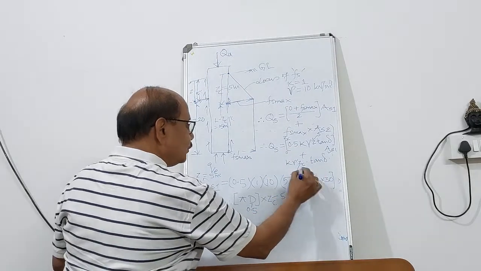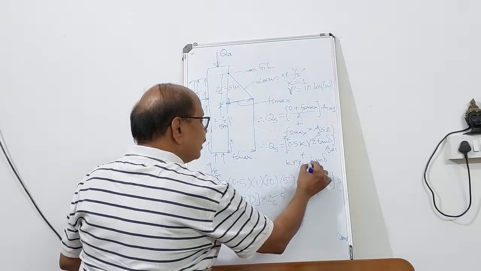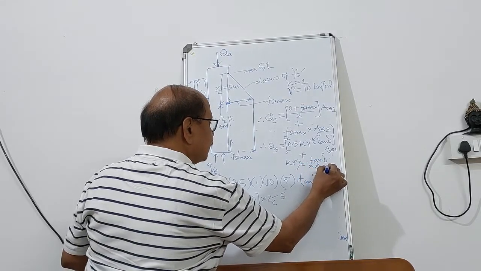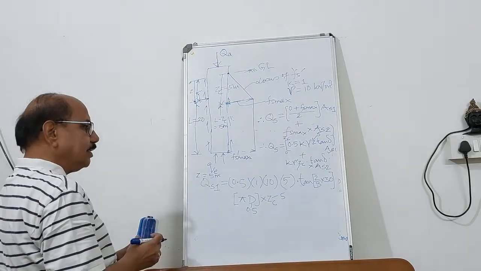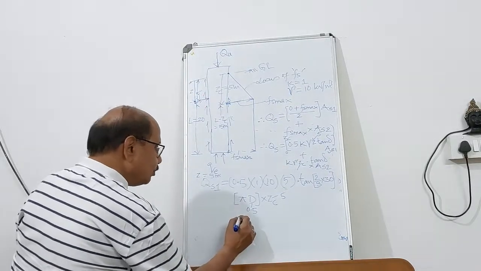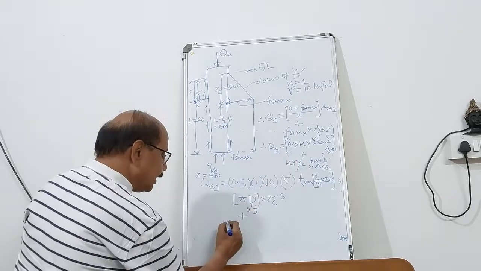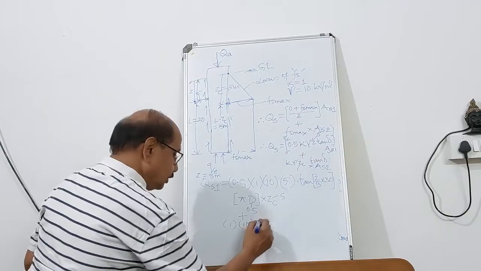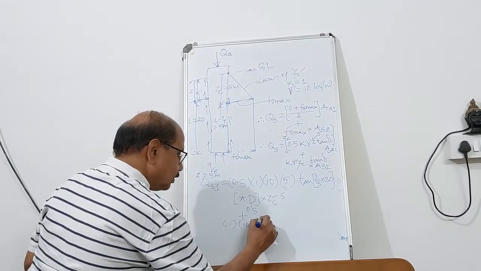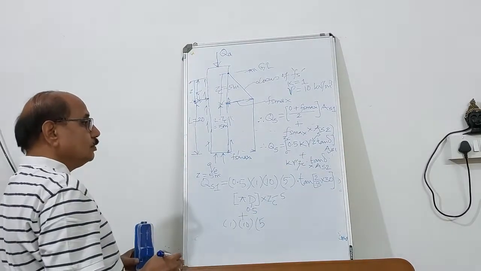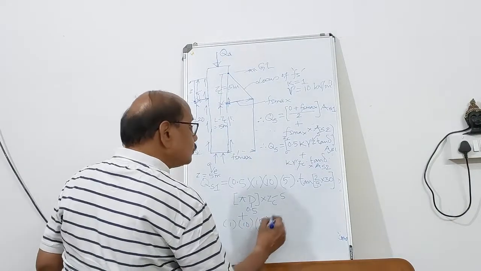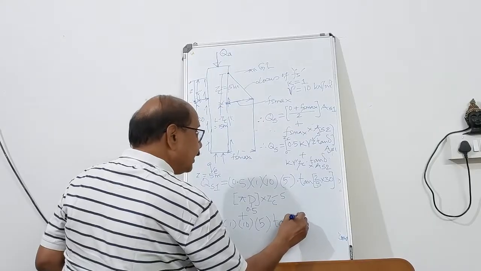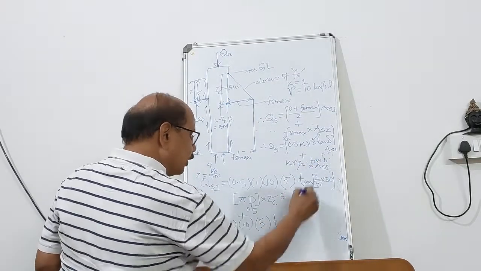The second term is K gamma prime Z critical tan delta multiplied by the shaft area beyond Z critical. So plus here K is 1, gamma prime 10, Z critical is 5 meter, into tan of 20 degree, into AS2.